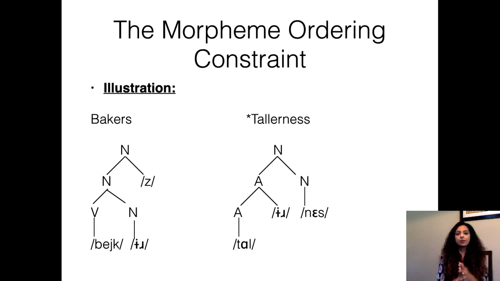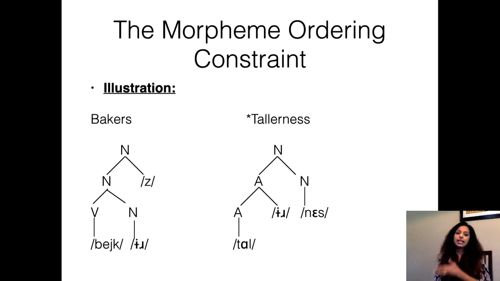So here's an example of the morpheme ordering constraints. You can have bakers, but you cannot have tallerness, right? So bake, from the verb, baker, which is a noun, and then the -z, which is your plural marker. But you cannot do taller, which is your -er for adjective, and then attach -ness to it, right?